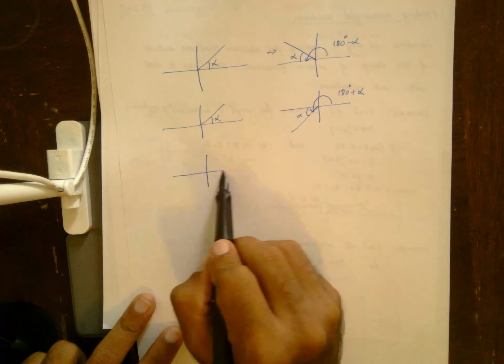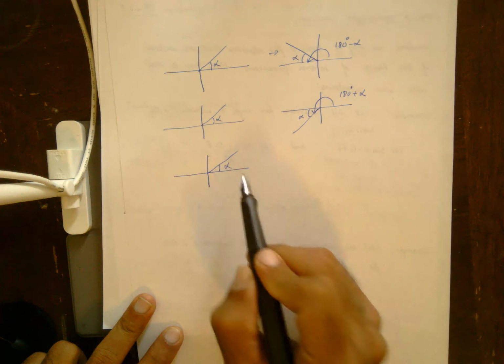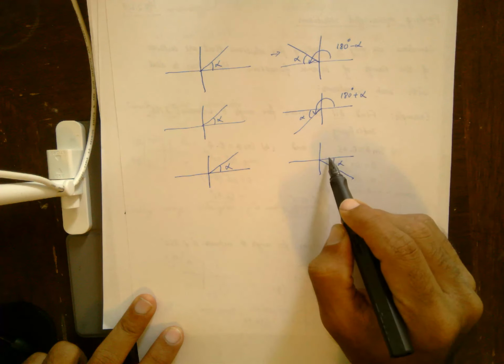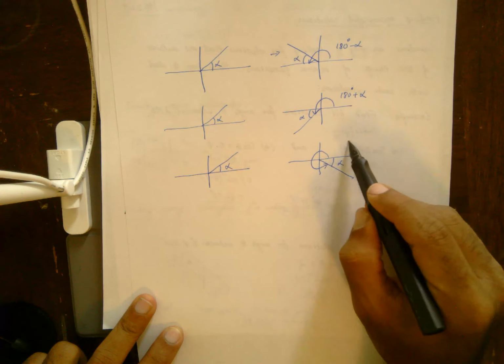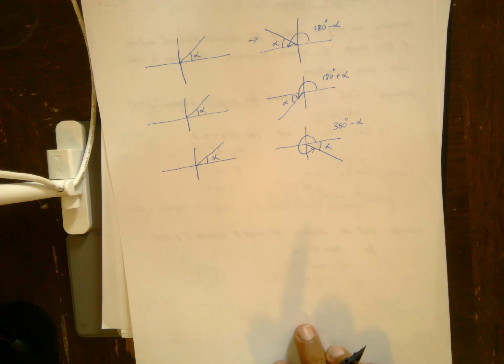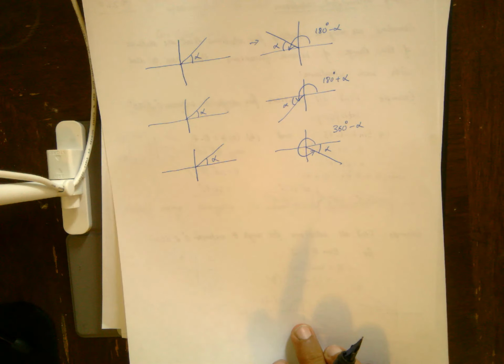Similarly, if you're going from quadrant 1 to quadrant 4, then this is going to be 360 minus alpha. Again, you don't have to remember these. If you draw the figure, it becomes pretty obvious where you have to go from there. Because you're either subtracting from 180, adding to 180, or subtracting from 360.